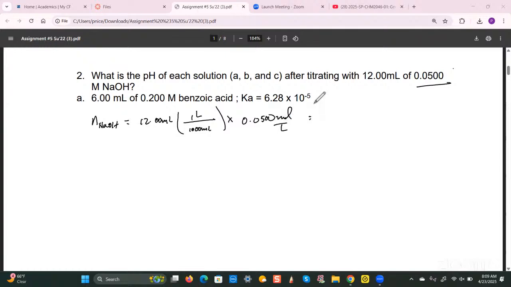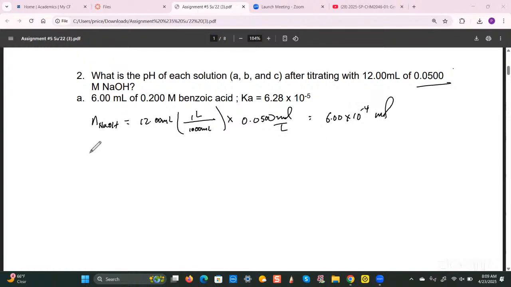So let me get my trusty calculator here. That is 12 divided by 1,000 times 0.0500. And according to my calculation, this works out to be 6.00 times 10 to the minus 4 moles.